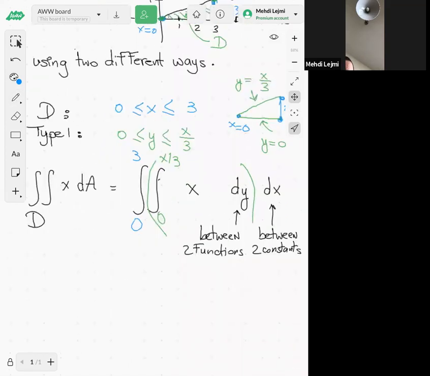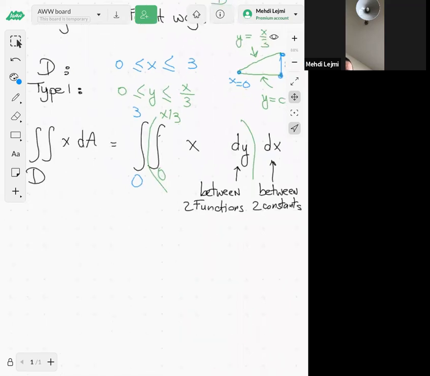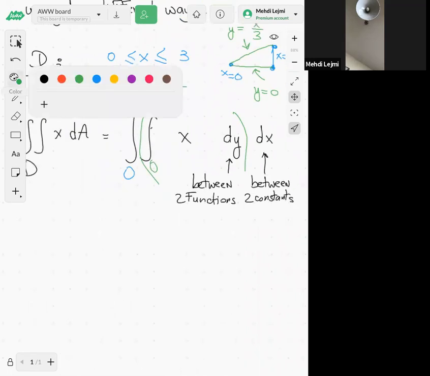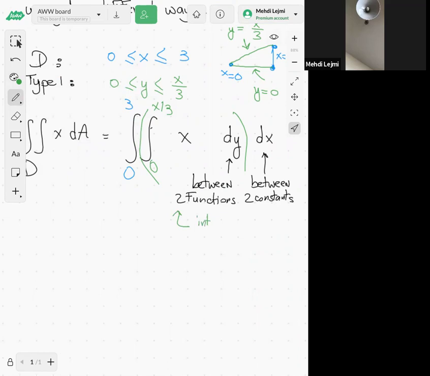Here we have to integrate with respect to y first. We consider x as a constant, assuming x to be constant.